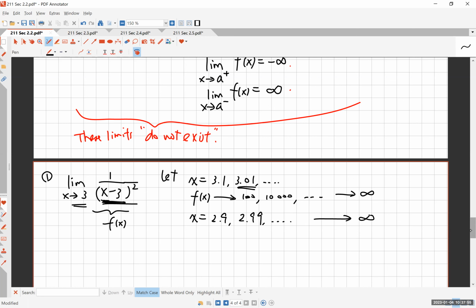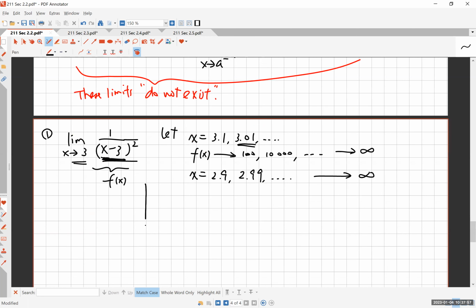In fact, this kind of analysis will help you graph this. What's happening is when x is equal to 3, this thing is approaching infinity from both sides. And it is in fact symmetric with respect to the line x equals 3. Think of this graph here, which is like this, and you shift it 3 units to the right, and you get that.